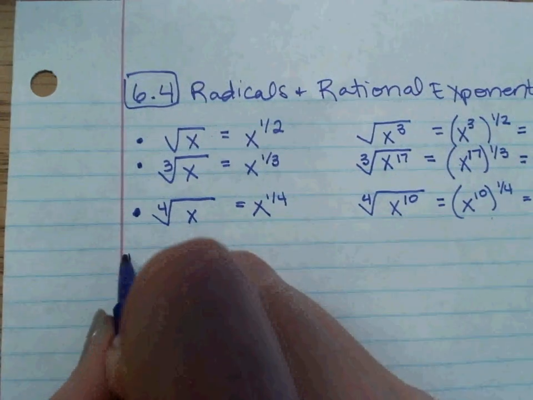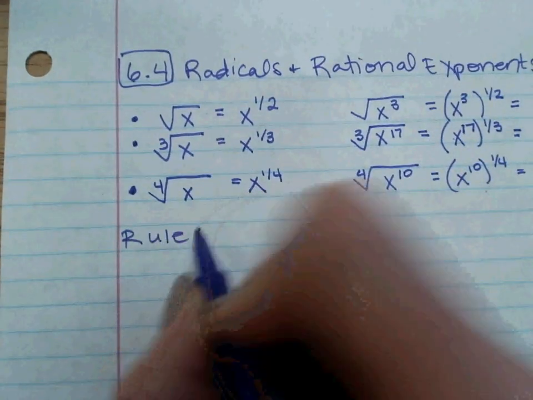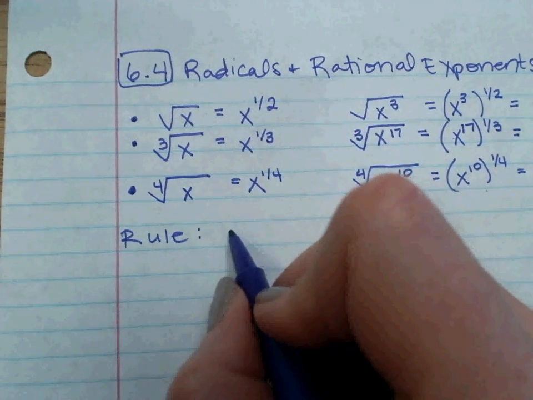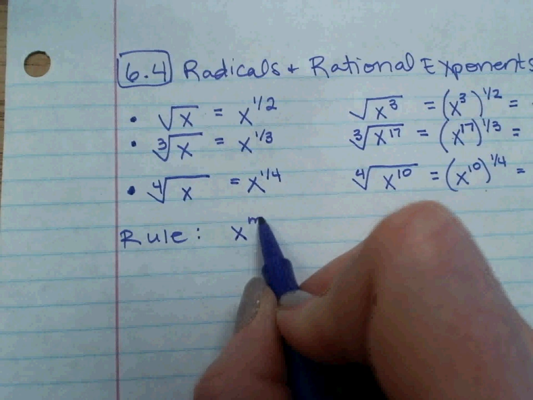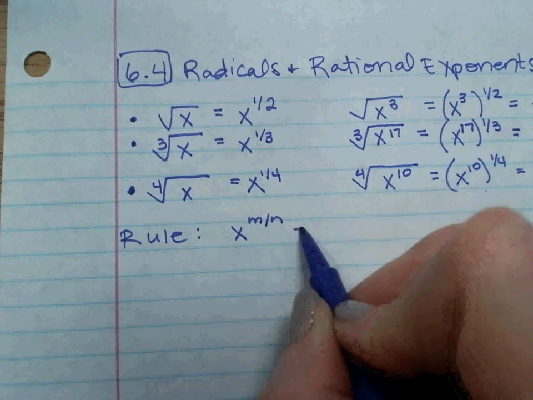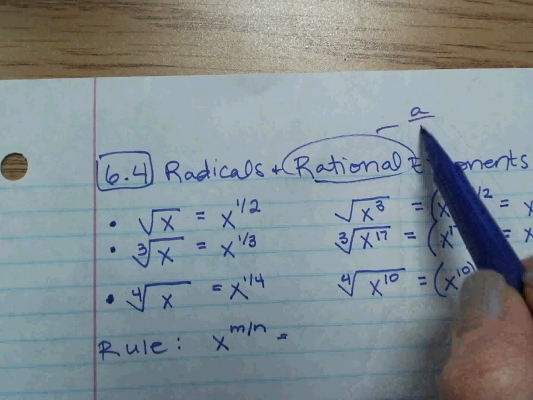So the rule that goes along with all of this is, going in reverse, x to the m over n. Remember, rational numbers are just fractions, anything that can be written as a over b.